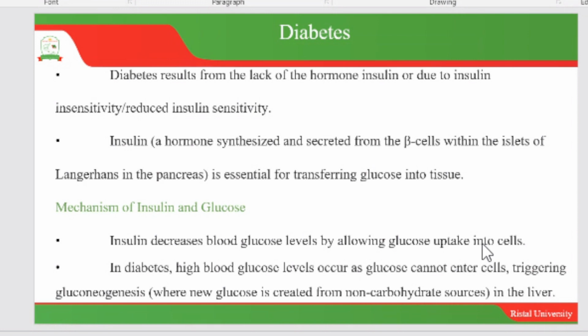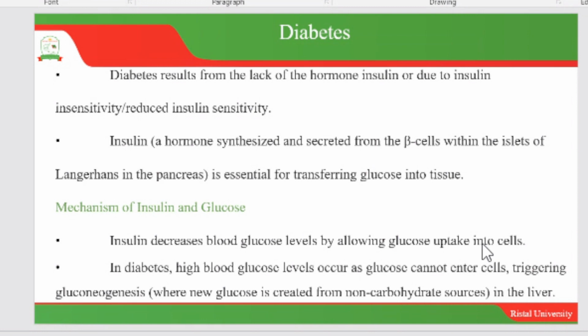So gluconeogenesis is where, instead of the glucose generated from carbohydrates being used by the body, because this glucose is now not taken up by the body tissues, the body is going to devise other means of creating its own glucose. And this normally can be from the proteins and the fats that are in the body.